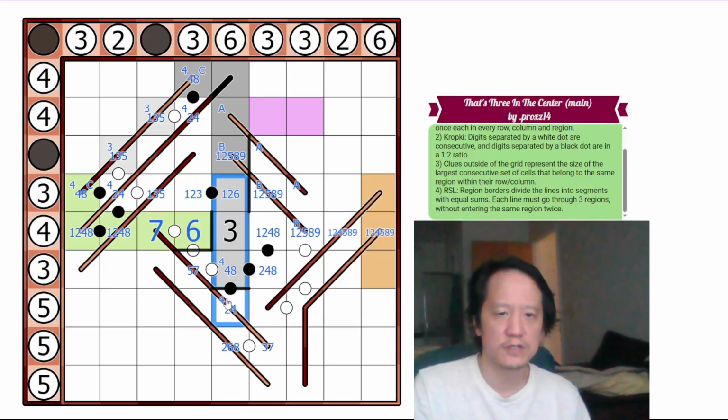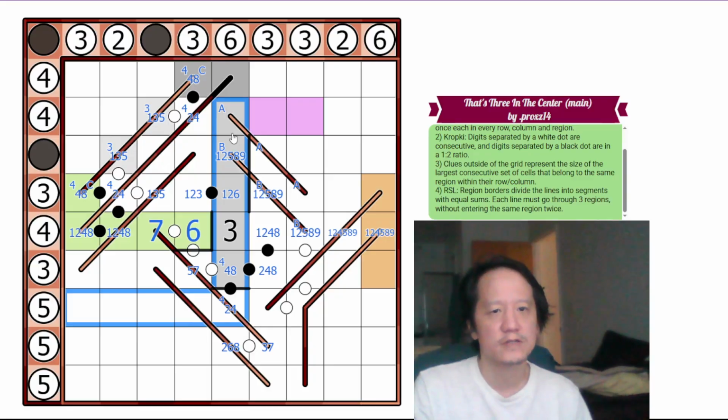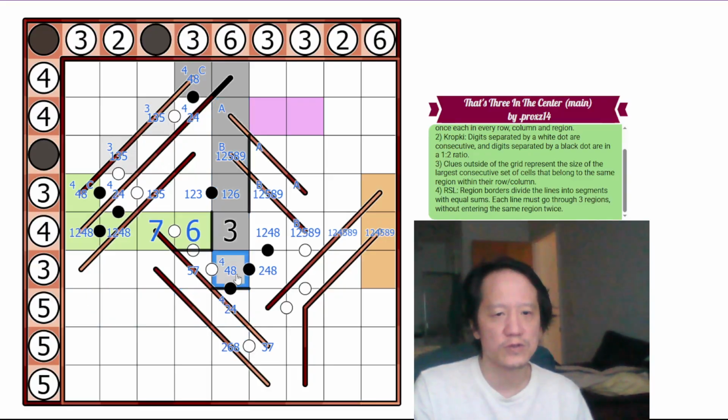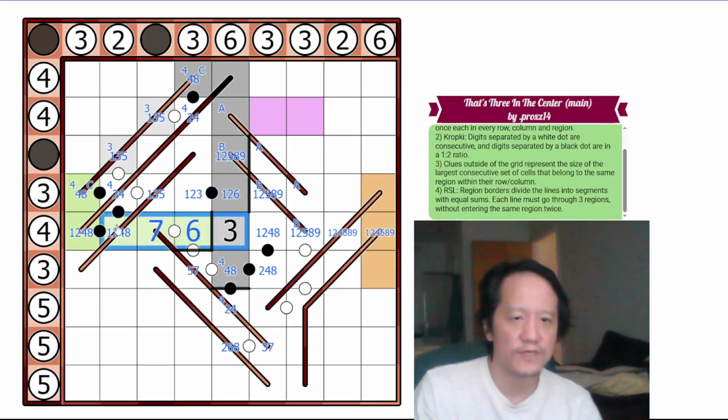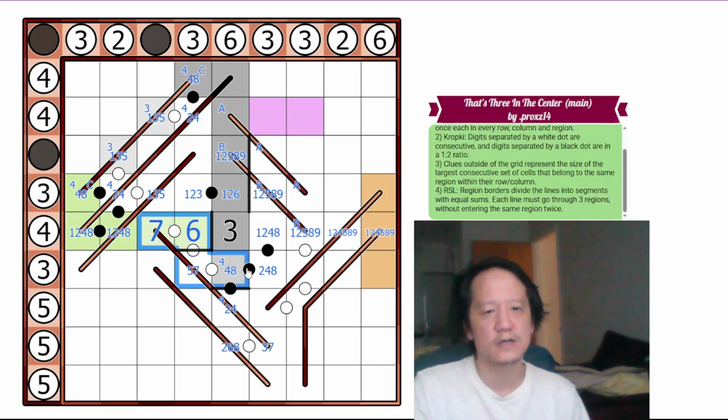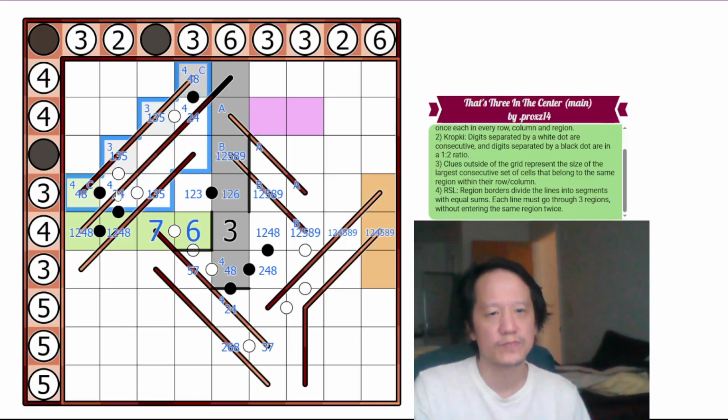If we try to have 6 here, 1, 2, 3, 4, 5, 6, it's part of a 5 set because it has to be. So 1, 2, 3, 4, 5, 6, 7, 8, 9, 10. So that's too large. So this has to be 6 here. So that's definitely kosher. If this is 4, maybe it's this logic here.